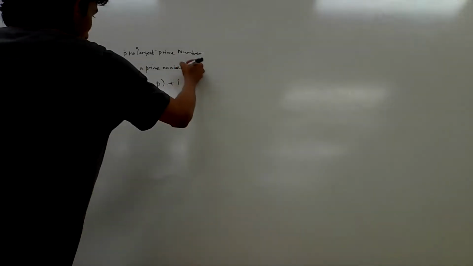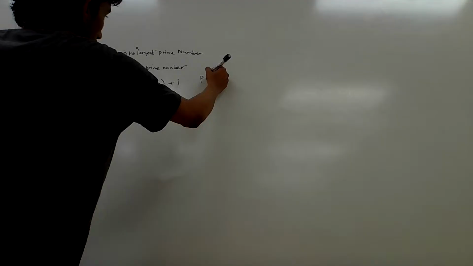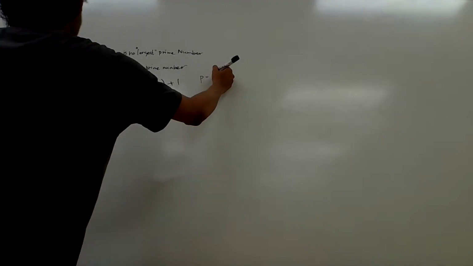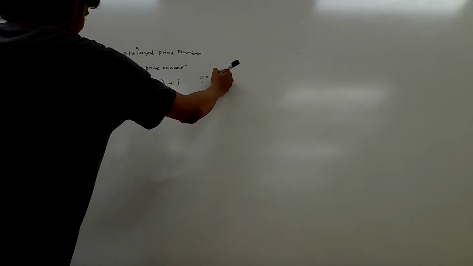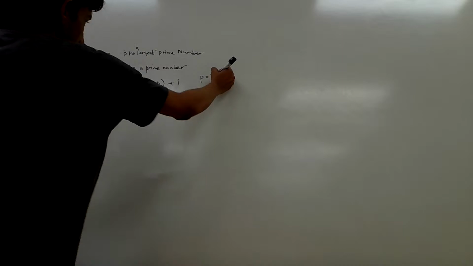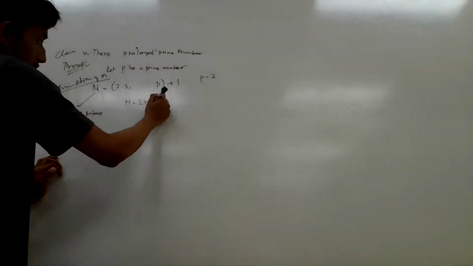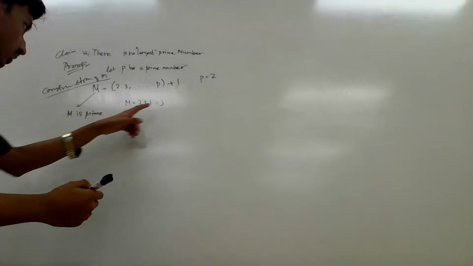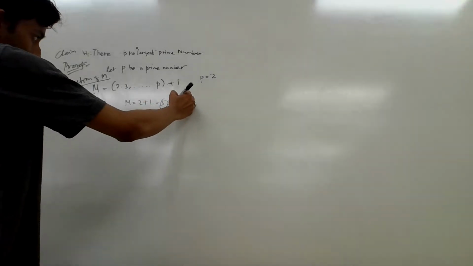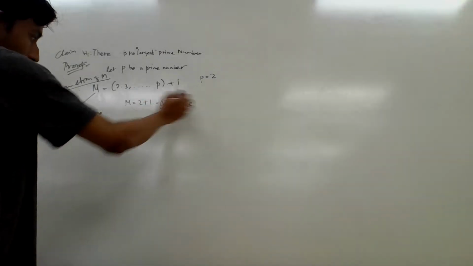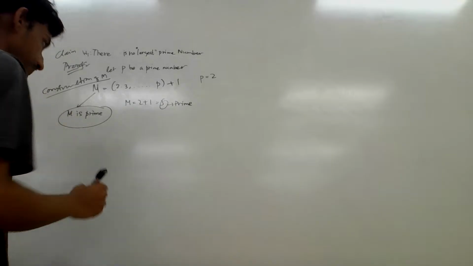For example, if you were to prove that P is the biggest prime, and let's say you found that the biggest P is 2, there is no more prime number bigger than 2. So you get M equals 2 plus 1, which gives you 3. So 3 is another prime number, which fits into this algorithm's part.